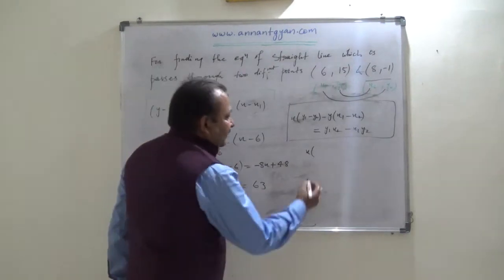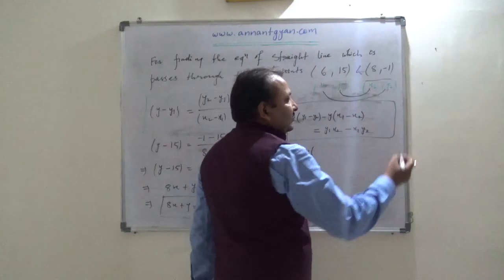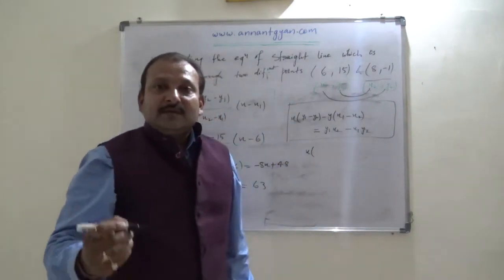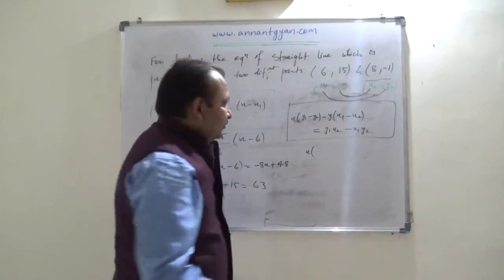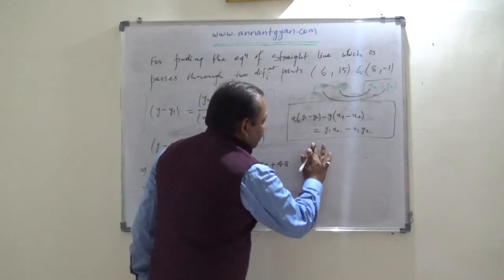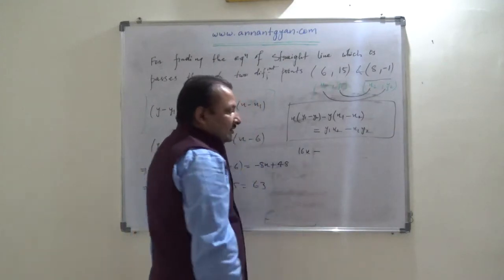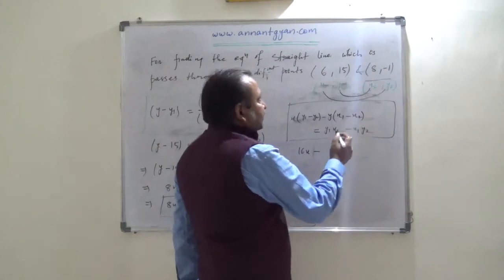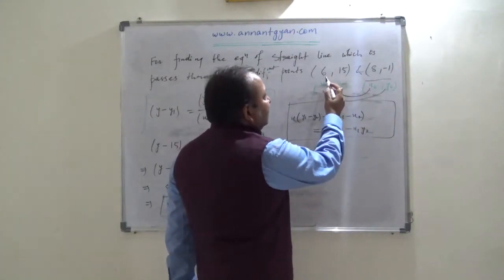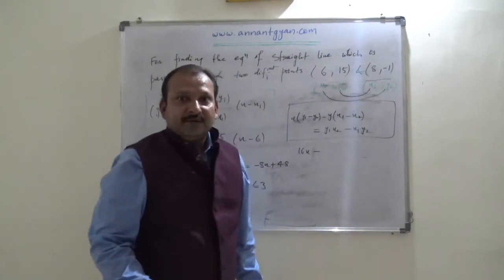So y1, that is 15 minus minus 1. So 15 plus, minus into minus becomes plus, 15 plus 1. So it becomes 16. So we shall write 16x minus, x1 minus x2. So x1 is 6 and x2 is 8.